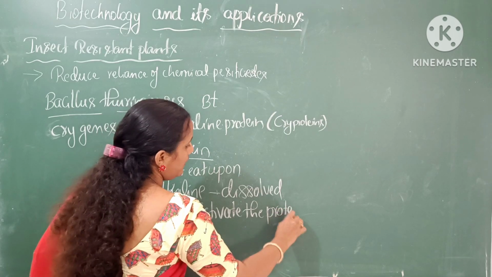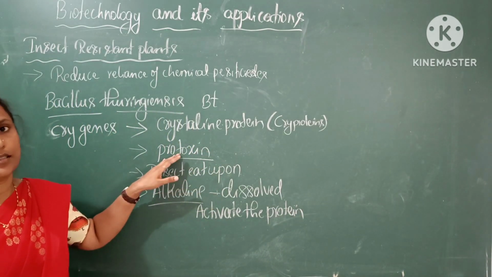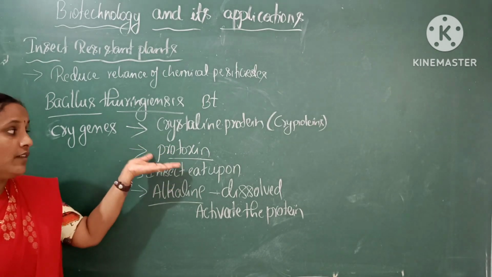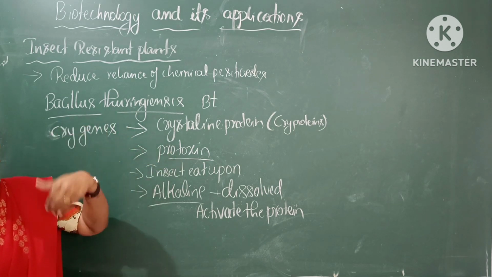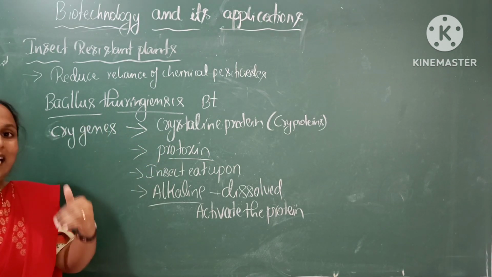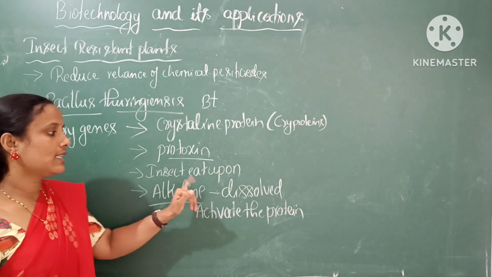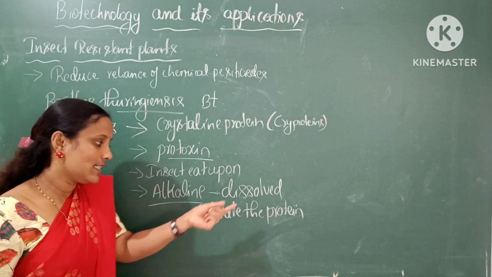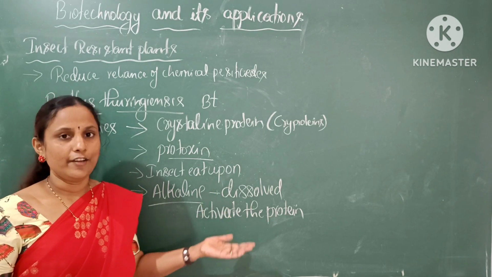So, we can say that when an insect eats the crystalline proteins in which the protoxin is present, this protoxin will be activated in the alkaline pH of the insect gut where the crystalline proteins are dissolved. As a result, the inactive toxin gets activated.